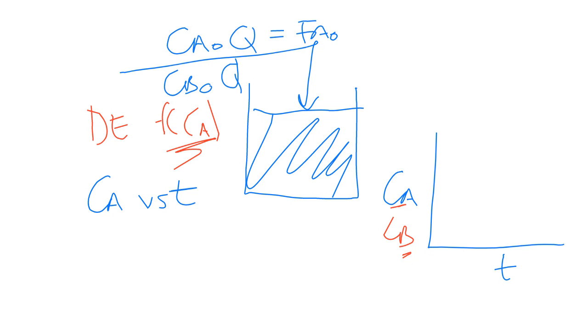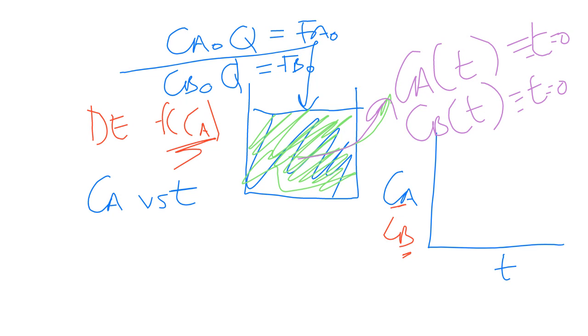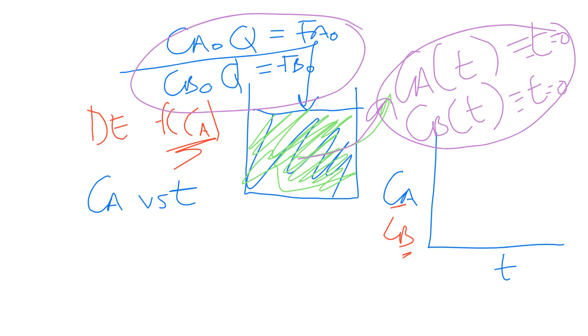That gives me the inlet flow rate of A and the inlet flow rate of B. In the meantime, back in the reactor, I have concentrations in here, CA that is changing with time and CB that is changing with time, and they've got values at time equal to 0. So this and that should not be confused.